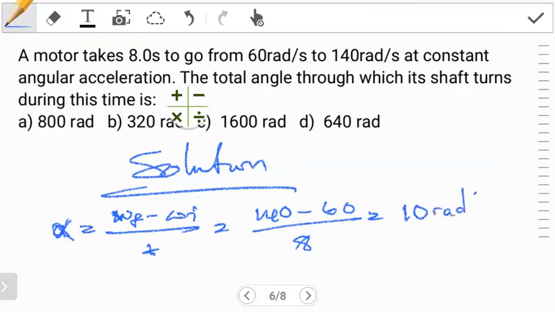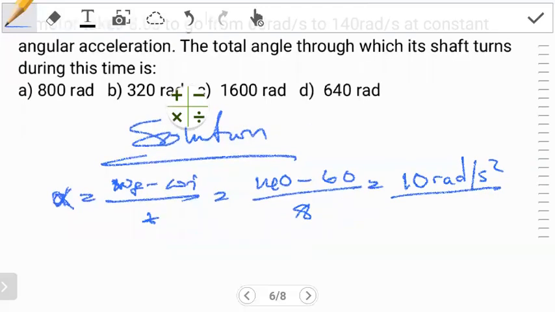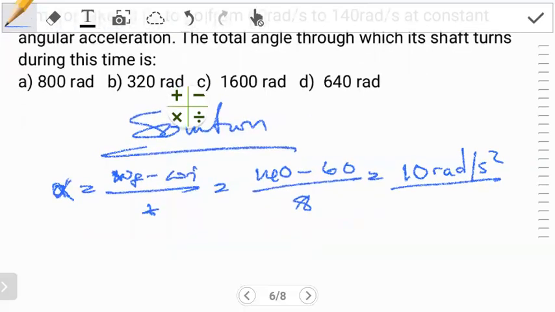Okay. Now the next part. We're going to move on to another equation.